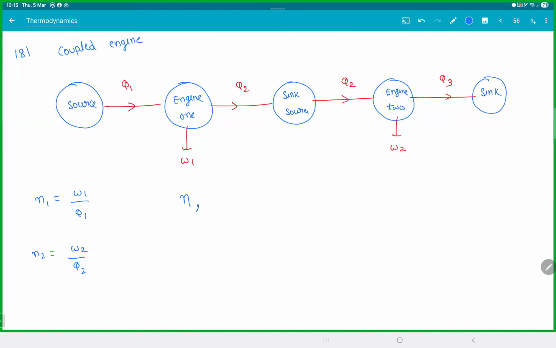So what is the efficiency of the system? Efficiency of the system is the total work W1 plus W2 by Q1. That is the initial heat given, isn't it? So this can be written as W1 by Q1 plus W2 by Q1. W1 by Q1 is nothing but eta 1. And you can write W2 by Q1 as W2 by Q2 times Q2 by Q1.